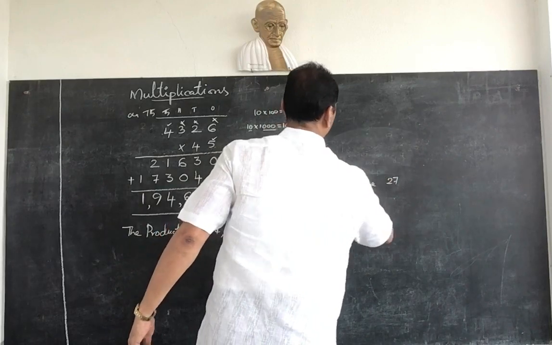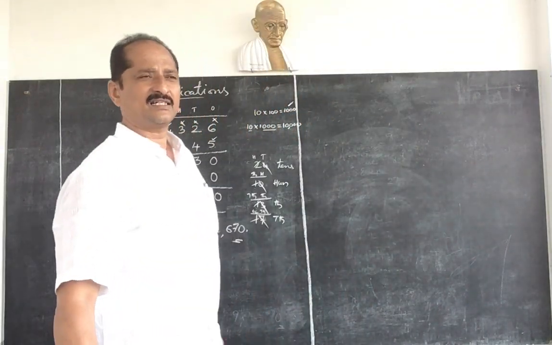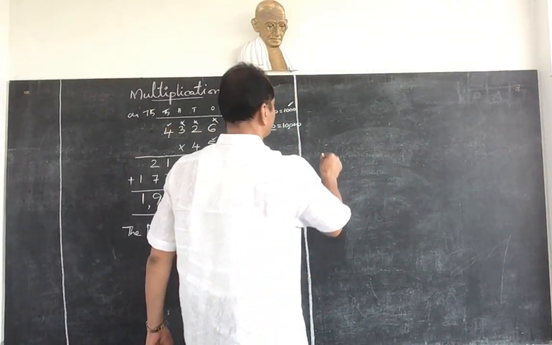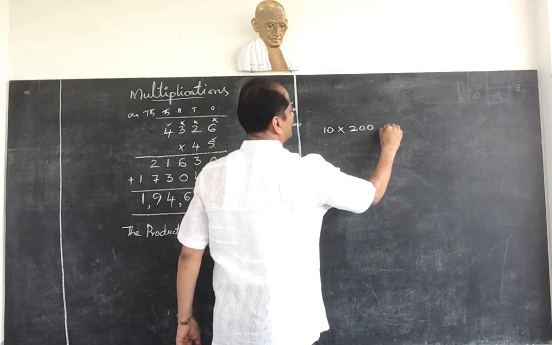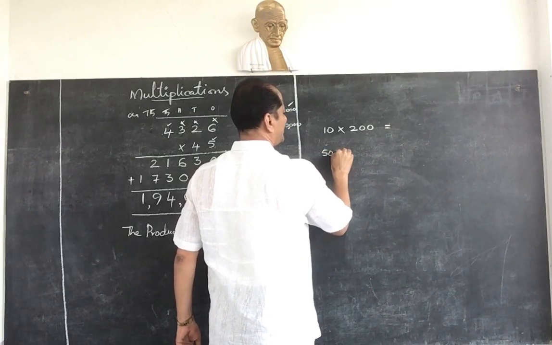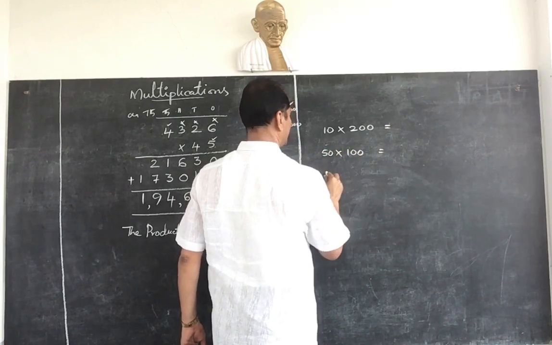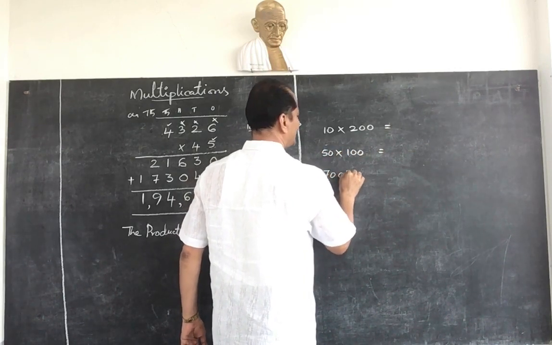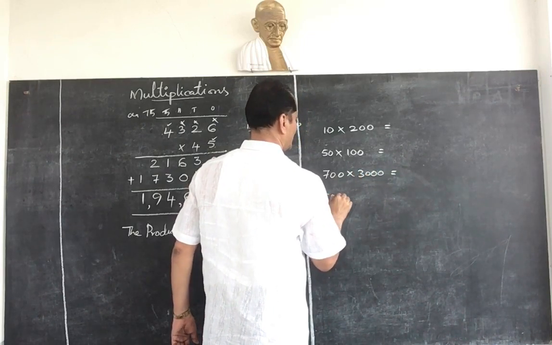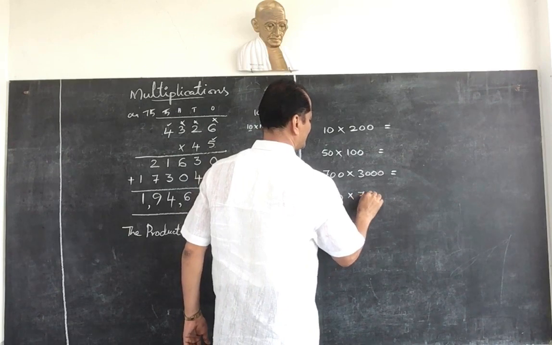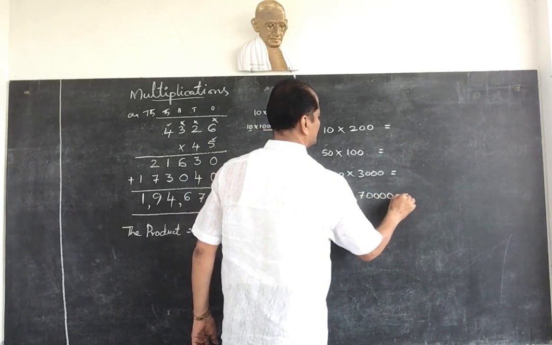So whenever you are multiplying, first of all, you have 10 into 200, 50 into 100, 700 into 3,000, 500 into something.